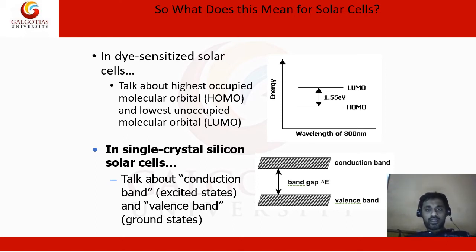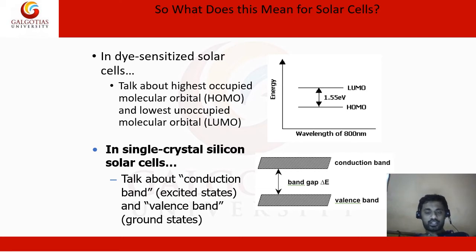You have the highest occupied molecular orbital level and the lowest unoccupied molecular orbital level, called HOMO and LUMO, and the band gap between these two energy levels is around 1.55 electron volt for a dye-sensitized solar cell. But in single crystalline silicon solar cells, there are two states.